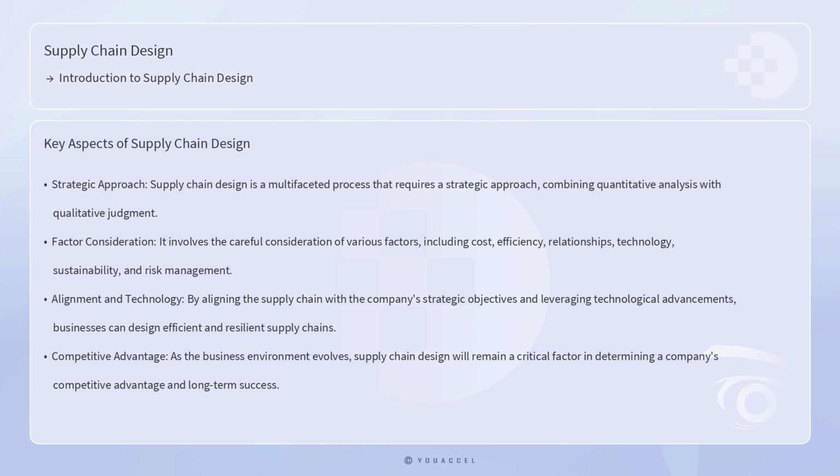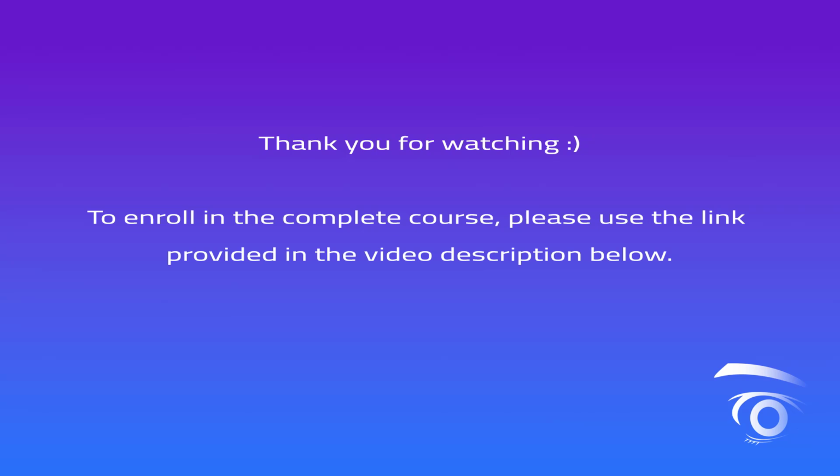By aligning the supply chain with the company's strategic objectives and leveraging technological advancements, businesses can design supply chains that are not only efficient and cost-effective, but also resilient and sustainable. As the business environment continues to evolve, supply chain design will remain a critical factor in determining a company's competitive advantage and long-term success. This concludes the lesson.